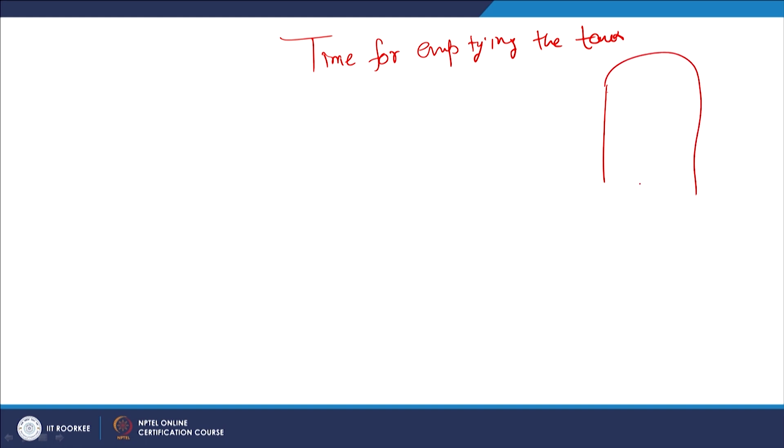Now let's have a look at the time for emptying the tank. This is again one of the things which we need to discuss. How much time is required to empty the tank? Again, let us have this tank in question.